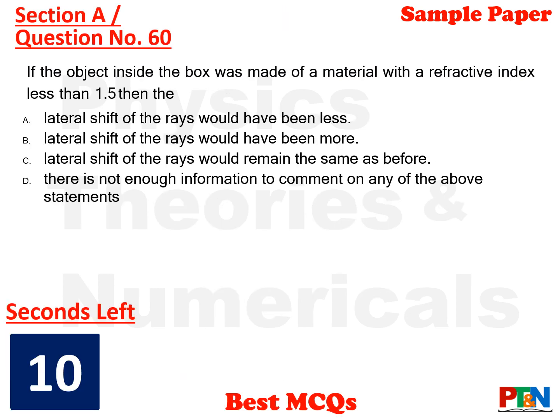Next one, the last question of this sample paper. If the object inside the box was made of material with refractive index lesser than 1.5, then the lateral shift would have increased or decreased? That's the question. 10 seconds time for you. Your time starts now.